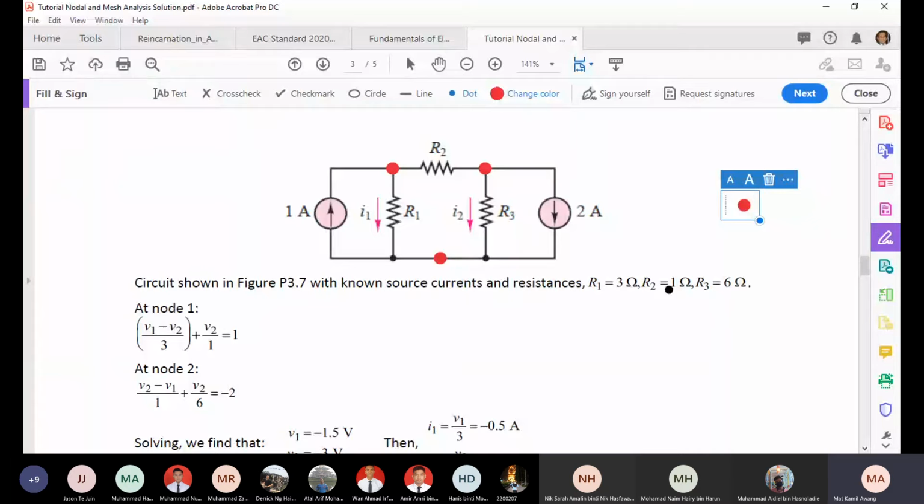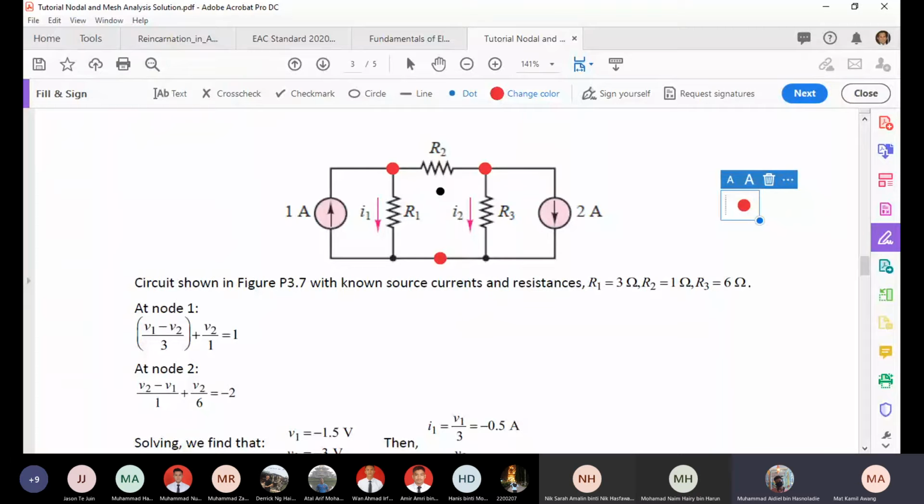If R2 is 1, then V1 minus V2 over 1, plus V1 over R1, which is 3, equal to 1. Node 2: V2 minus V1 over 1 plus V2 over 6.